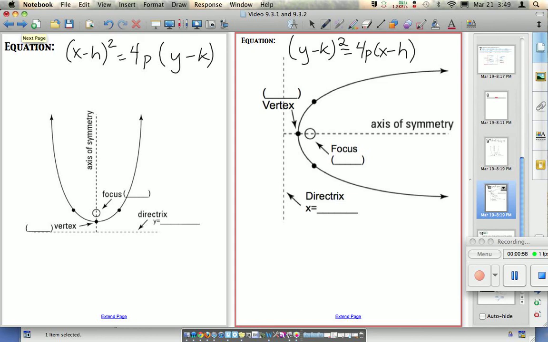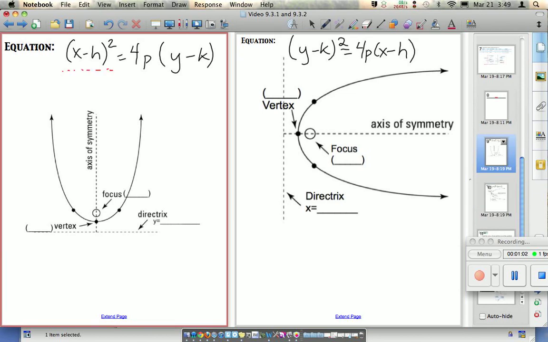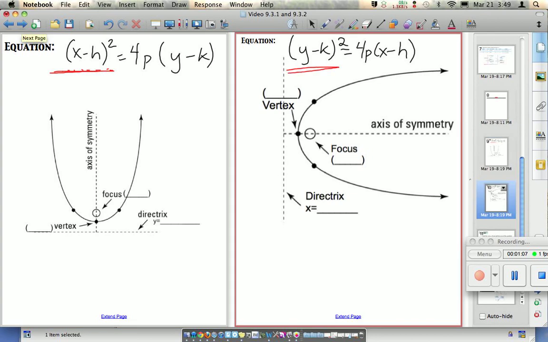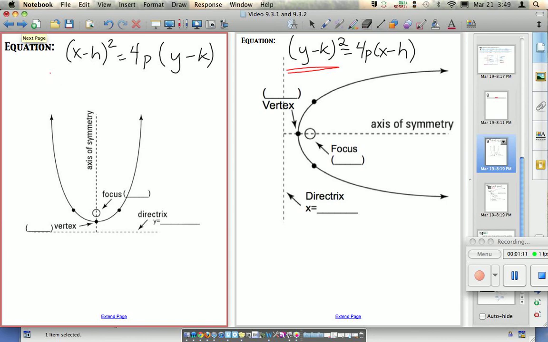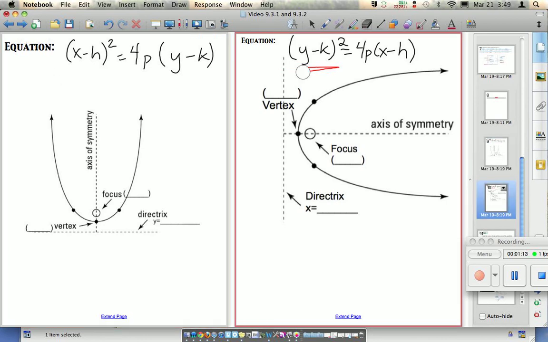Okay, so keep in mind, we'd have to have a completed square for the x over here, and this one would have the y completed square. So it's all about which term is squared to decide. When x is squared, it's a normal parabola, the way we think of normal, vertically oriented. When it's y squared, then it won't be a function. It'll be a sleeping parabola, a sideways horizontal parabola.